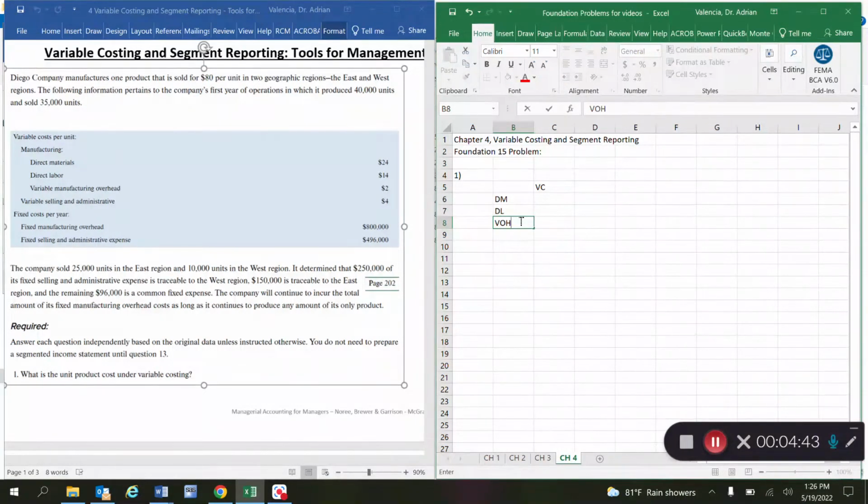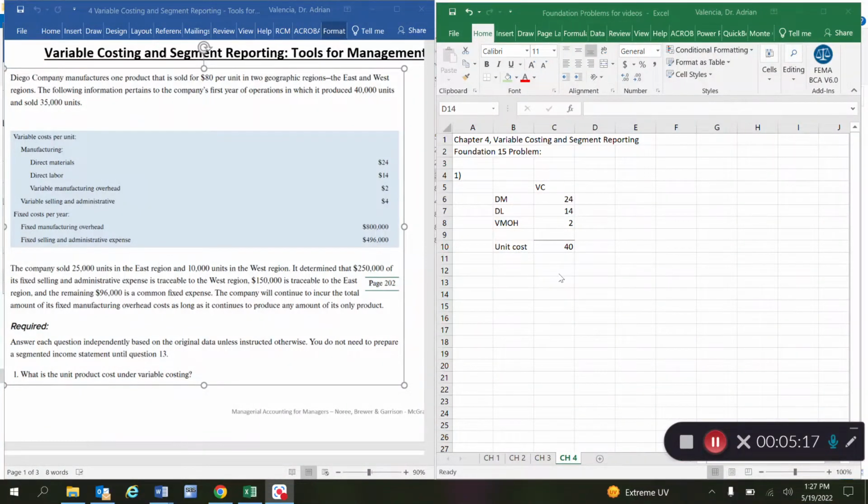And just to be more specific, this is variable manufacturing overhead. Okay, and under variable costing, that's all we're going to have. So our direct materials under variable costing is going to be 24 as given, direct labor is going to be 14, and then our variable overhead, which is given as well, $2. So when we do this, we have a variable cost per unit of $40.